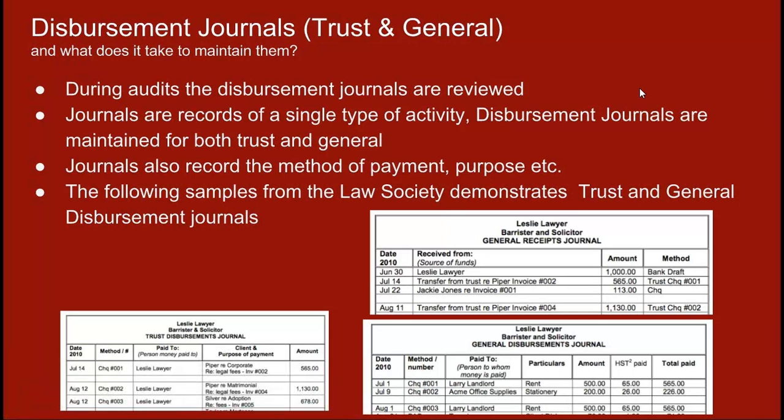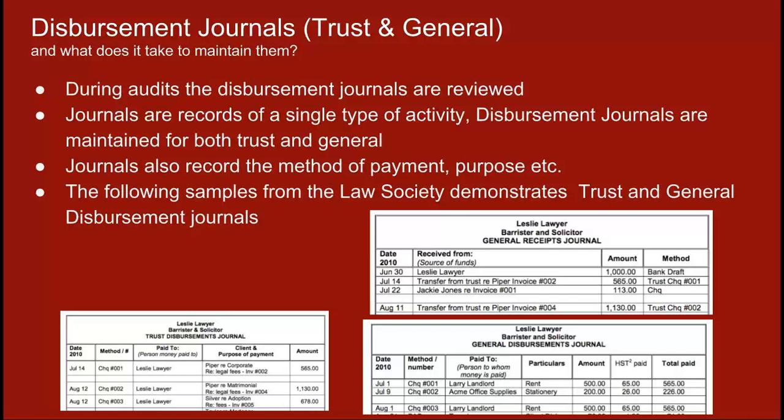Now the big difference between the ledger and the journal, because journals are also looked at during audits, but one important difference I would say is you're also capturing the type of activities as well as the method of payment, which was not otherwise captured in your ledger. So it was not captured how it was paid for. It was just the date, what was it for, and what the amounts were.